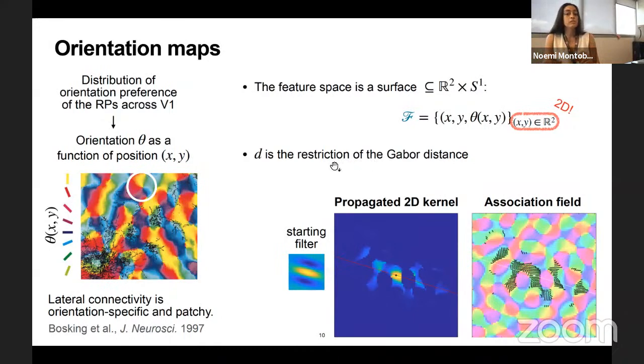So the kernel matches the geometry of the orientation map, and we obtain a connectivity that is not only orientation specific, but also patchy with peaks on coherent orientations. So I want to stress that the visualizations here are not projections in this case, because the propagation of the kernel happens within the surface itself, so in this bidimensional feature space. And we're not using the other Gabor filters that live outside the surface.